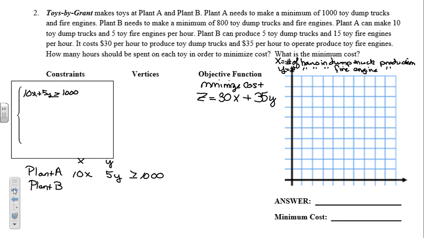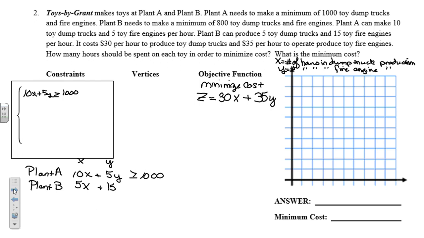All right, plant B. How many dump trucks can it produce in an hour? 5, right? Times however many hours it's producing, plus 15 fire engines times however many hours it's producing fire engines, right?